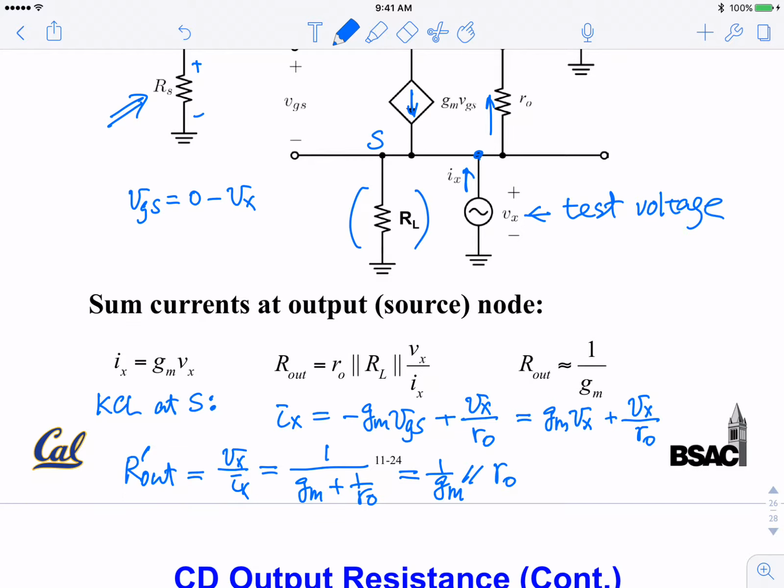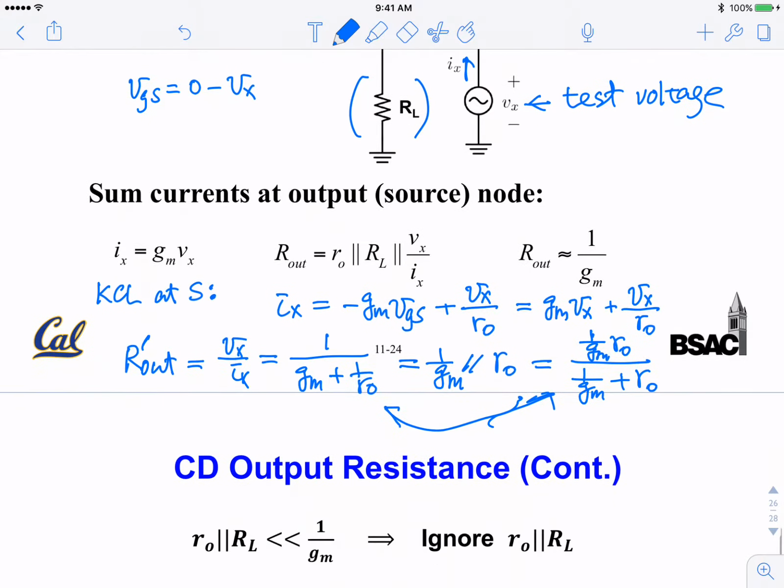If you want to verify it, let me work backwards. This is 1 over gm times R0, over 1 over gm plus R0. That's how you expand two resistors in parallel. These are exactly the same expression. So your output resistance is 1 over gm in parallel with R0.